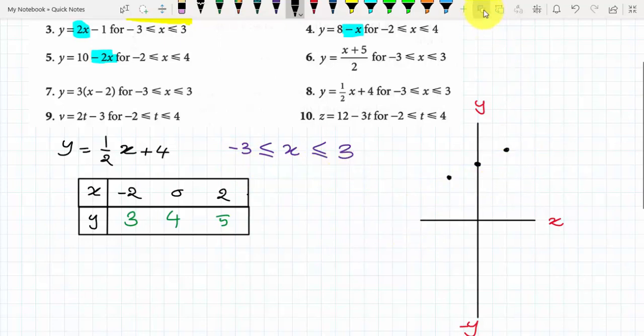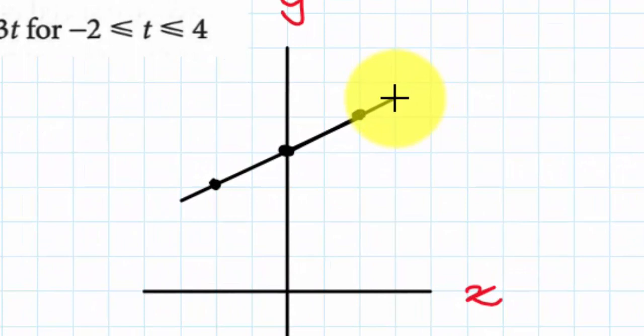So you can just draw a straight line that passes through all the 3 points and extend it until -3. And on the other side, again, we have to extend it to meet +3 on the side. Here.